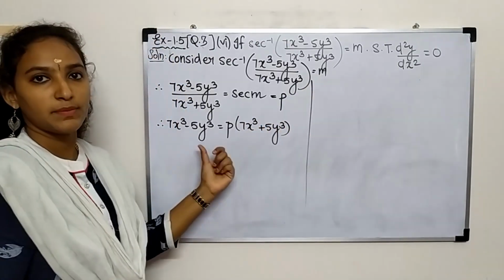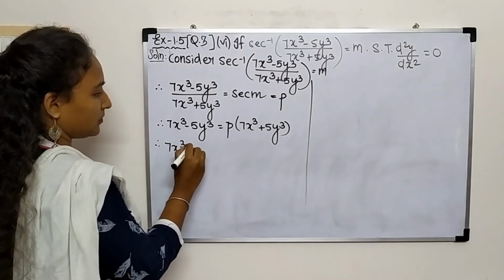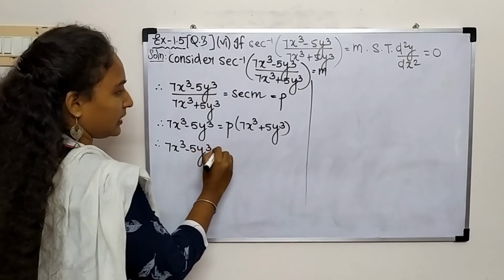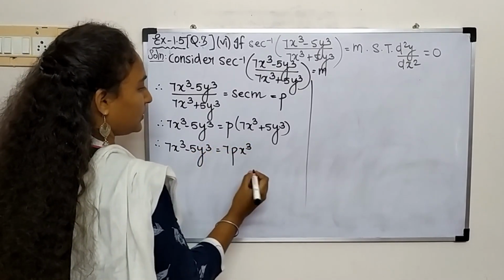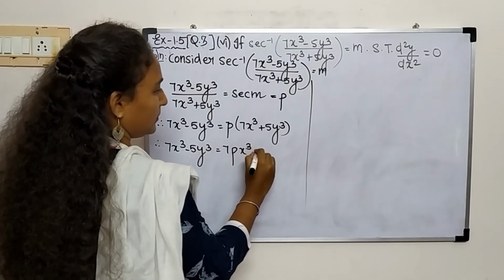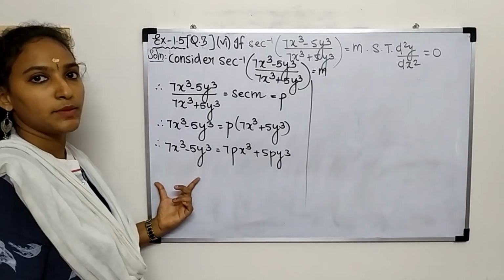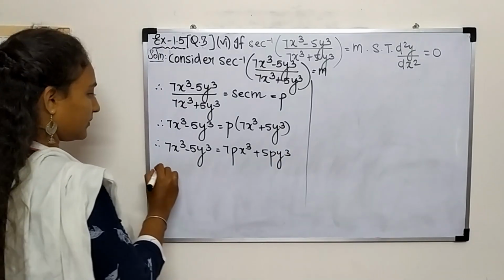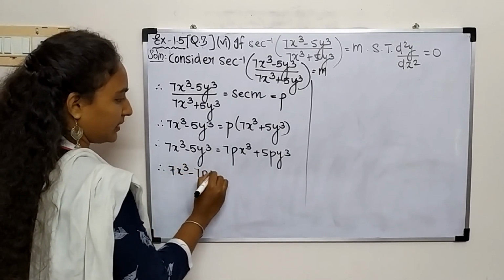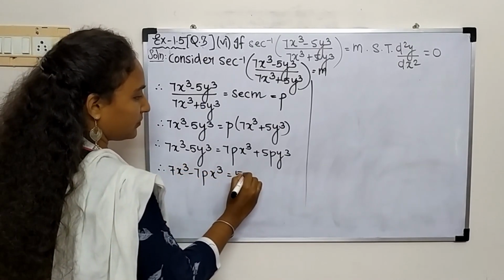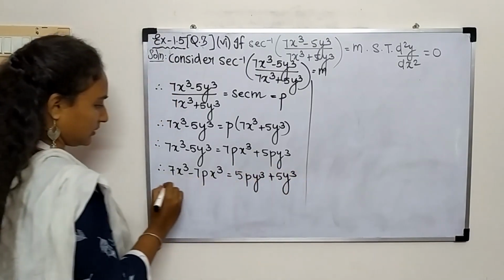Okay, we are cross multiplying this. Therefore 7x cube minus 5y cube is equal to 7p x cube plus 5p y cube. Collect x cube terms together and y cube terms together. Therefore 7x cube minus 7p x cube is equal to 5p y cube plus 5y cube.